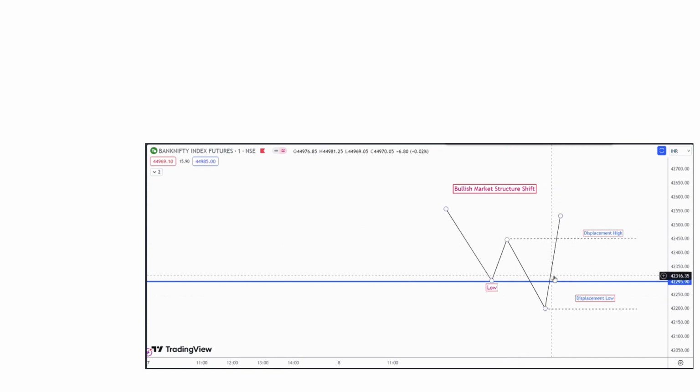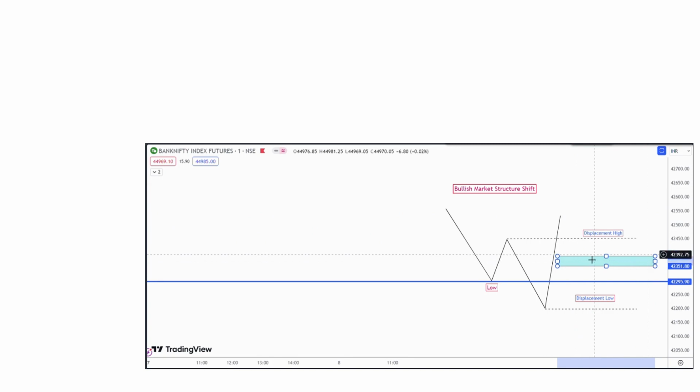We will find a fair value gap being formed over here. Let's presume that we have a fair value gap that's been formed somewhere over here. We'll wait for price to come back, because as I said earlier, in this case price is being offered only on the buy side.